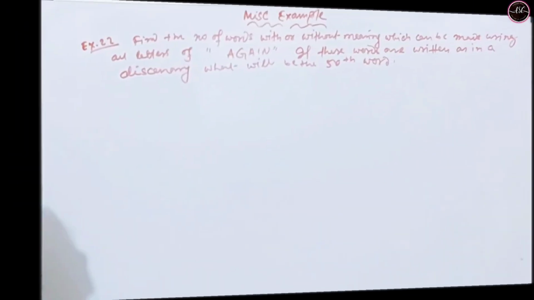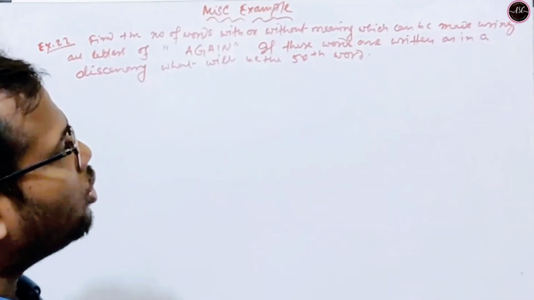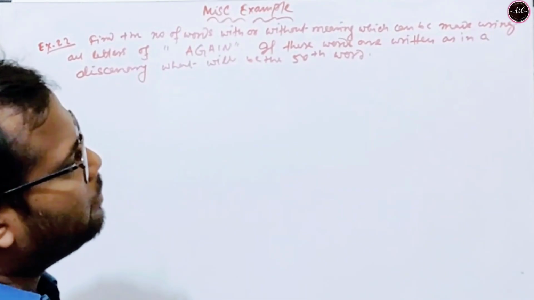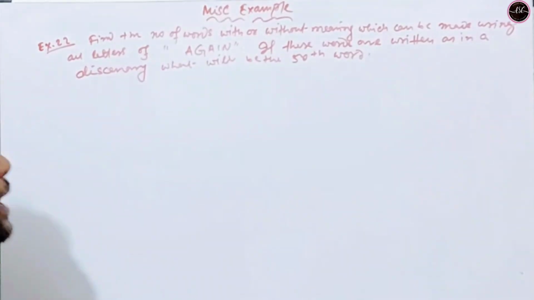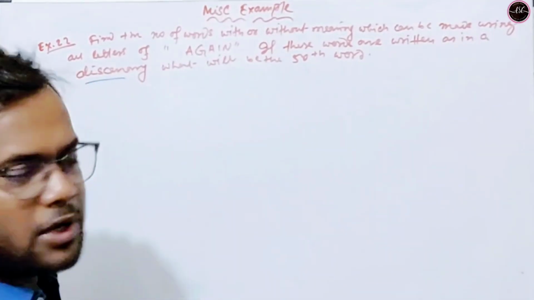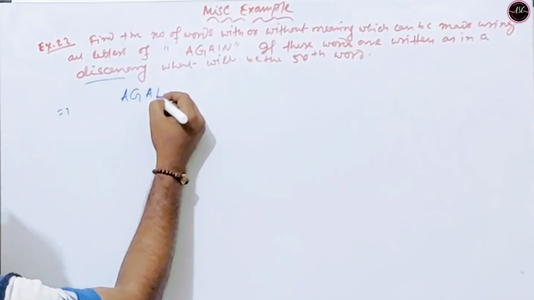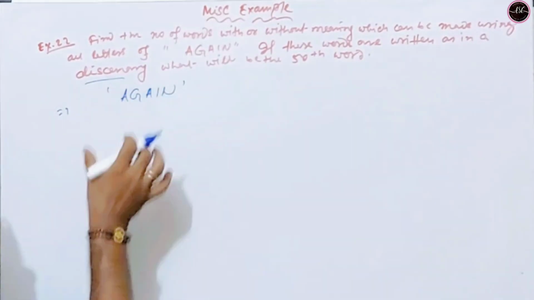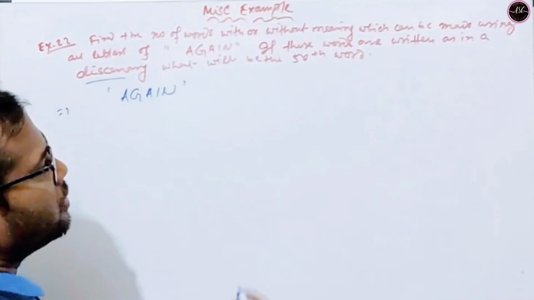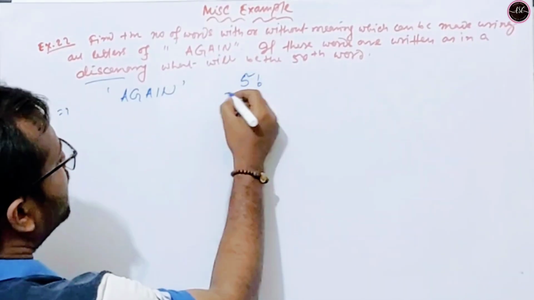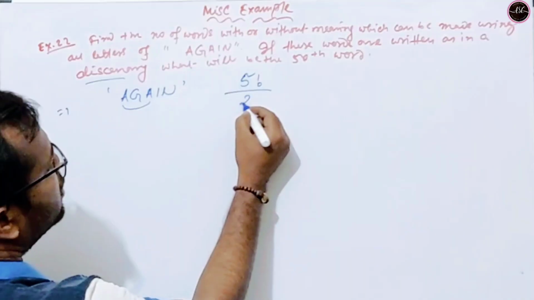Okay, let's look at this question. Find the number of words with or without meaning which can be made using the letters of AGAIN. If these words are written as in a dictionary, what will be the 58th one? So from AGAIN, using these letters, the 5-letter words can be made in 5 factorial divided by 2 factorial, since A is repeated 2 times.